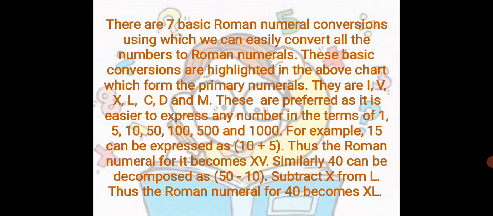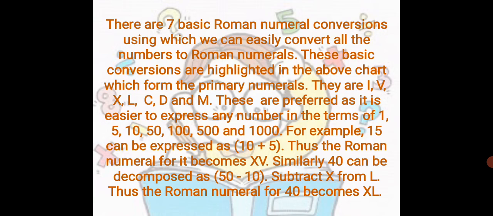For example, 15 can be expressed as 10 plus 5 normally in the Indian decimal number system. Thus, the Roman numeral for it becomes 10 plus 5, which is X and V. Similarly, 40 can be decomposed as 50 minus 10.